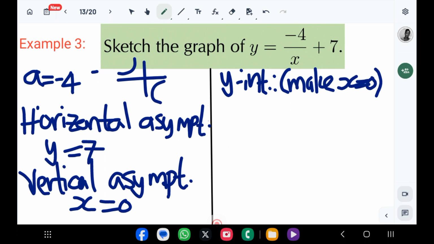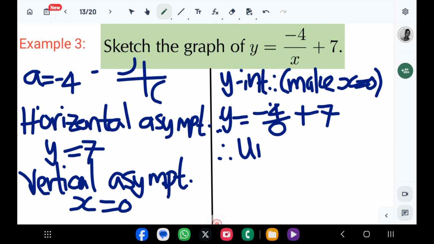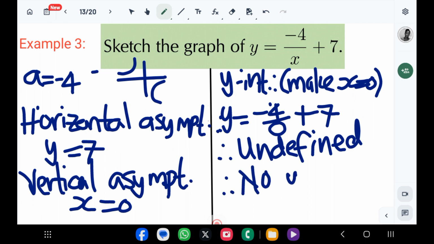When you make x 0, you have y equals -4 over 0 plus 7, which makes this undefined, meaning therefore no y-intercept.